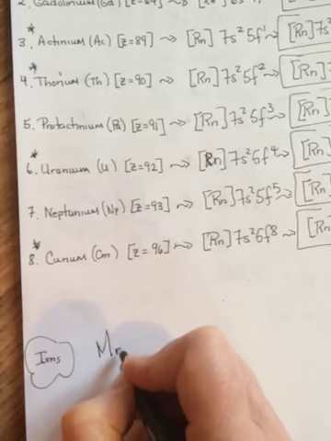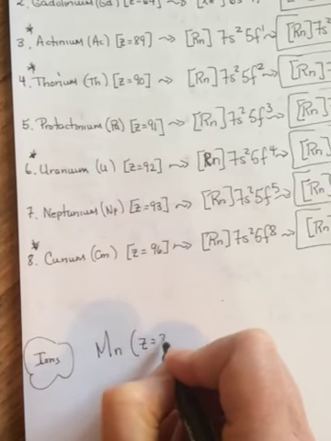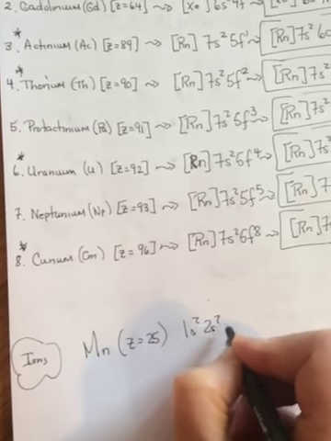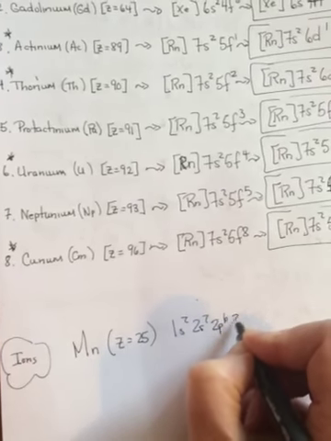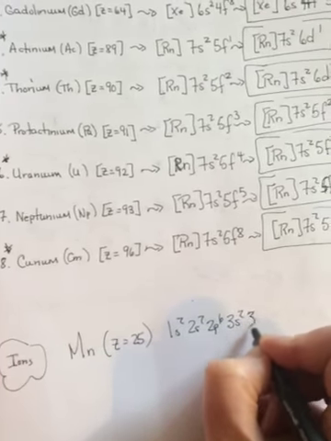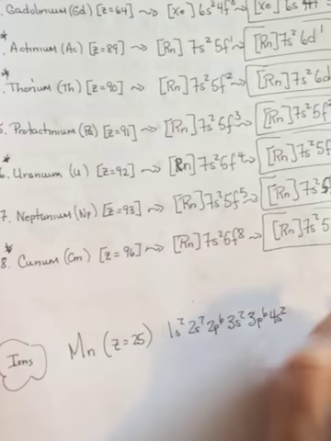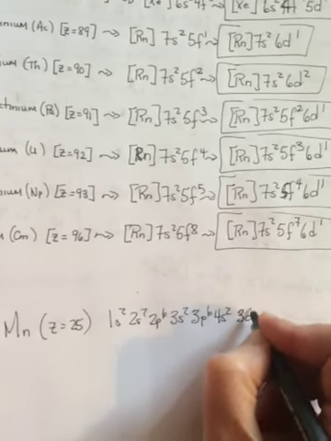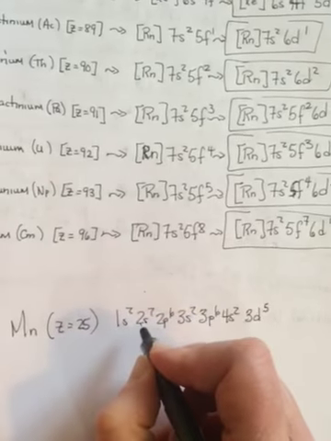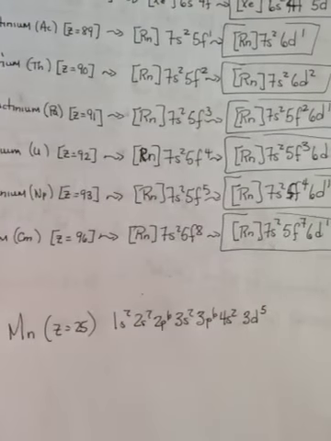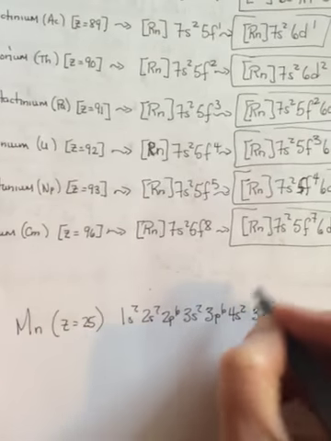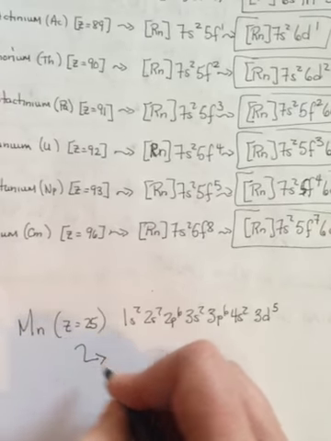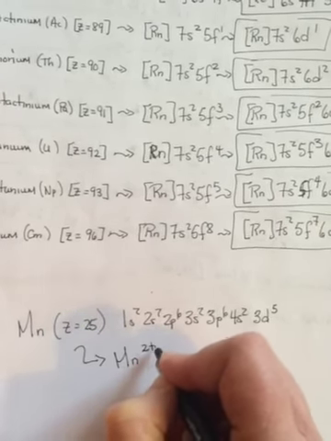So Mn: 1s2, 2s2, 2p6, that's 10, 3s2, 3p6, 4s2, that's 20. And then we go to 3d5. I think that's 25: 1, 2, 3, 4, 5. And this should be fairly stable in the sense that it's half full.